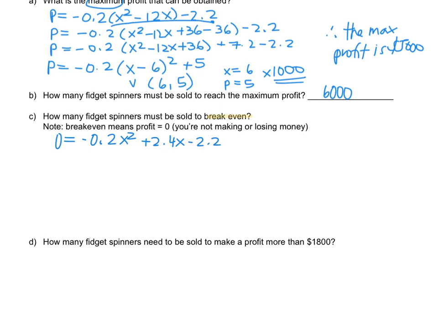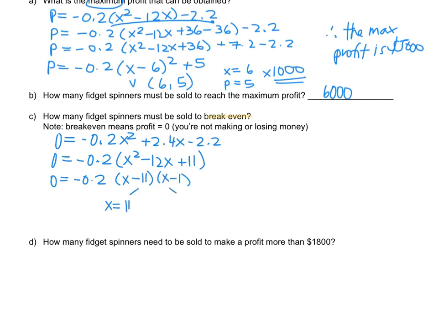So if I choose my factoring method, I am going to factor out this negative 0.2. And then that way I'm going to have a nice simple trinomial. Now I need two numbers that multiply to 11, but add up to negative 12. And those two numbers will both be negative. It's going to be negative 11 and negative 1, so that your x-intercepts are positive 11 and positive 1.